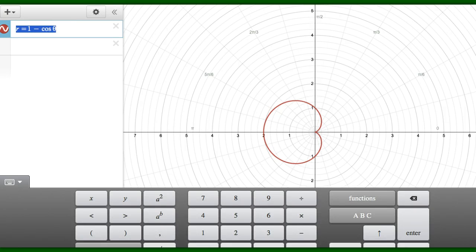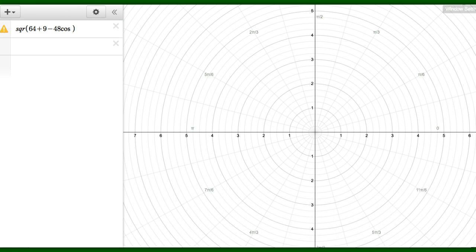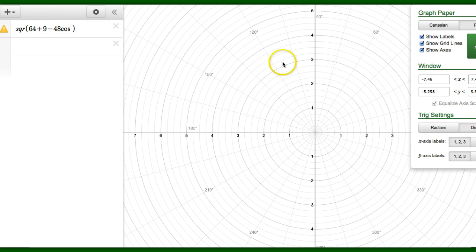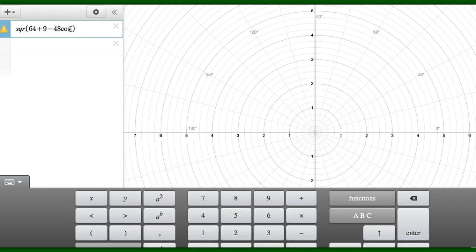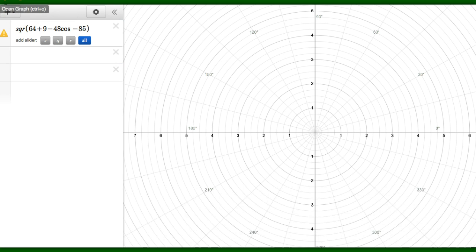So we're going to do square root of 64 plus 9 minus 48 cosine. We need to make sure our calculator is in the right format, and then we need to put it in degrees. Cosine negative 85. Oh, we need to change our calculator.